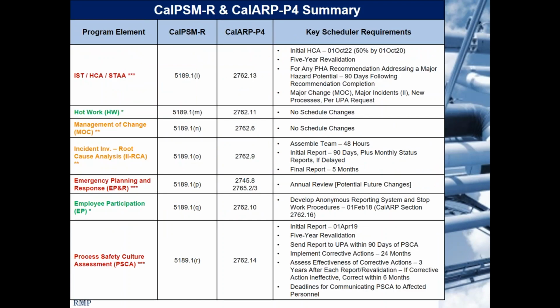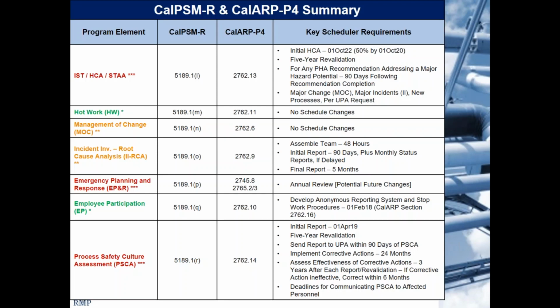Inherently safer design technologies and hierarchy of hazard control analysis. Now, this is a whole webinar in itself. Inherently safer design, how do you implement that within a PHA study? That's a whole webinar in itself. However, all of those need to be performed by October 1st, 2022, within 5 years, and also 50% by 2020, or 3 years from October 1st.